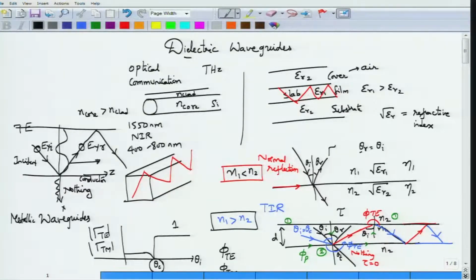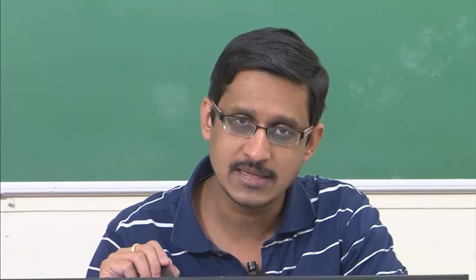Let me just very briefly summarize here. We started discussing dielectric waveguides, which operate on the principle of total internal reflection. Total internal reflection is widely used in optical communication, photonic devices, wherever you want light to be trapped in a certain region of high refractive index. You can do that by surrounding that high refractive index medium by low refractive index materials.